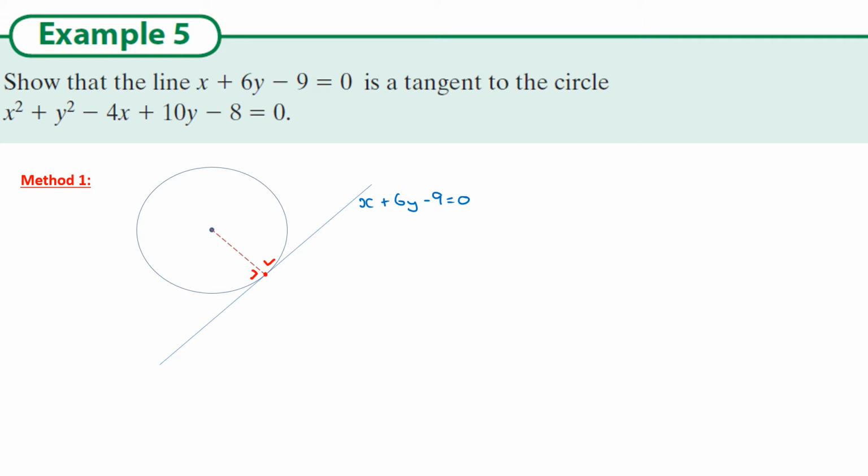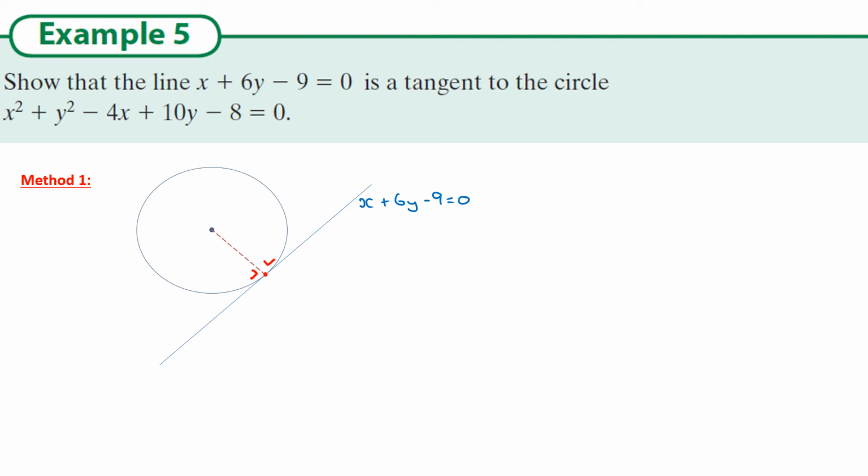That's one of our theorems and we can use that fact. So we're going to see if we can prove it using that idea of the radius. We're going to see what is the radius of this circle, and then figure out what is the distance between the center and the line. And if they match, then it's a tangent.